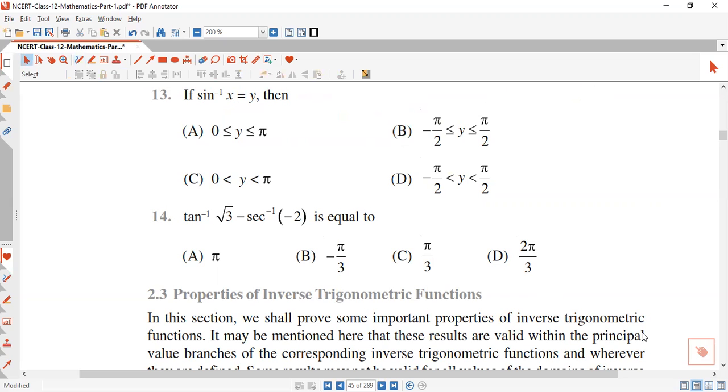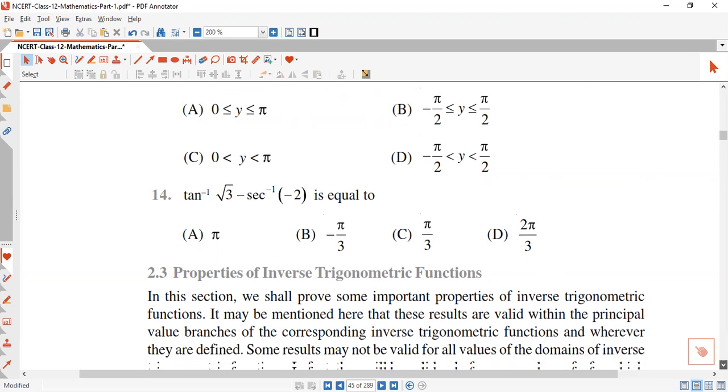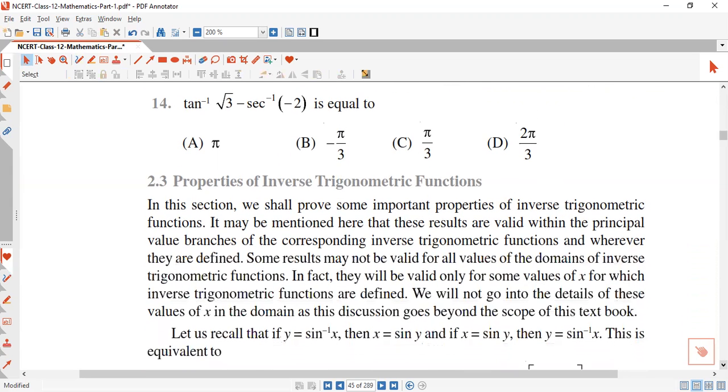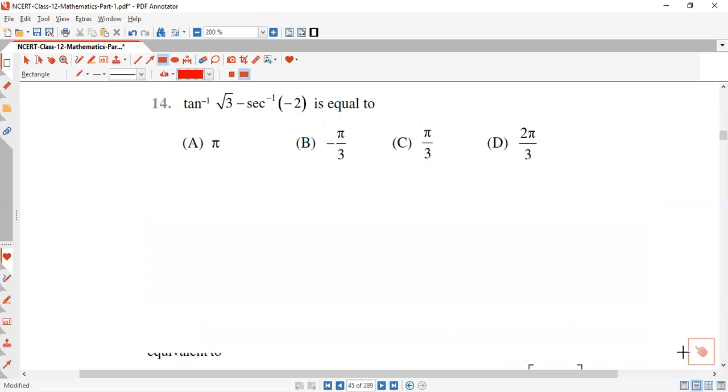Now, see question number 14. I have to find the value of this function: tan inverse root 3 minus sec inverse minus 2 equals which value? See, tan inverse root 3 is there. You know very well, tan inverse root 3, we keep it. This sec inverse is there. I take the minus sign outside, take a bracket.